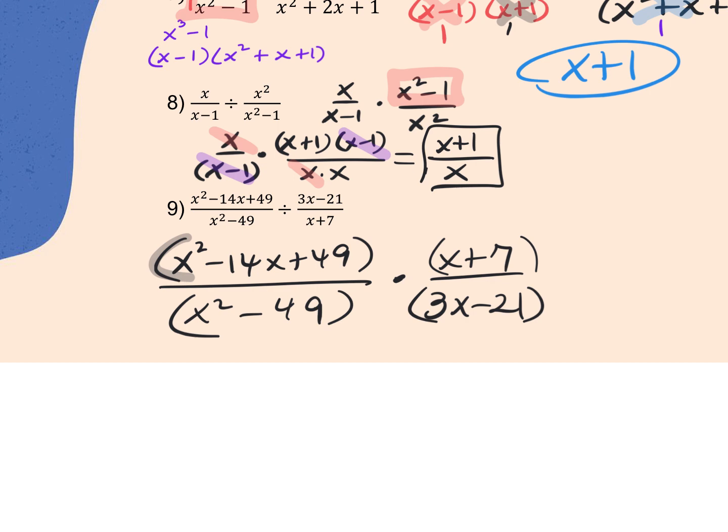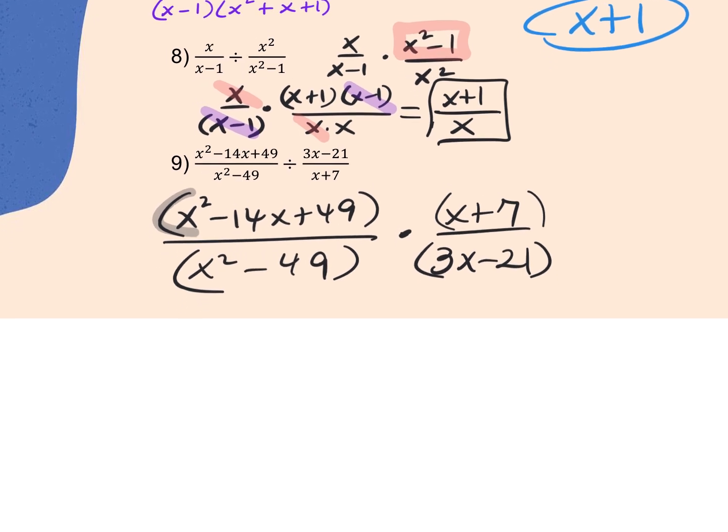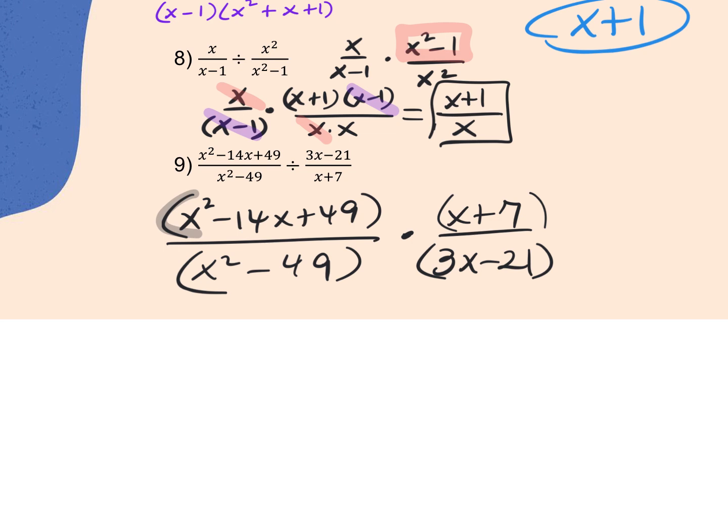So the factors of 49, that will give me 14. This is actually a perfect square trinomial. If you do the check and you square root the ends and double it, it does give you the middle. So this one actually turns into a binomial squared when I factor it. So this will turn into x minus 7 times x minus 7.